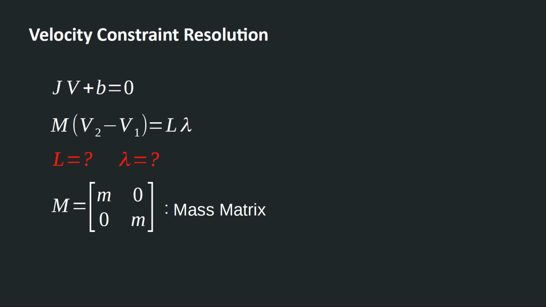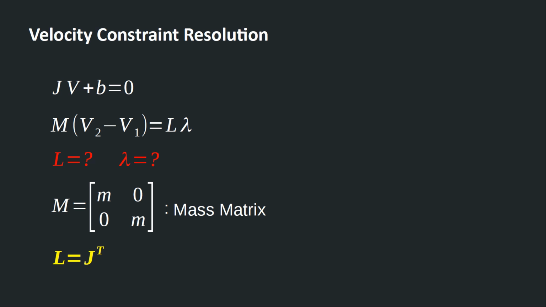The diagonal terms of the matrix are all lowercase m's, and lowercase m is the mass of the object. Non-diagonal terms are all zeros. Here I'm just going to say L is equal to J^T, which is the transpose of the Jacobian matrix. As for why, I will explain it later. So let's just move on to finding lambda, knowing that L equals J^T.